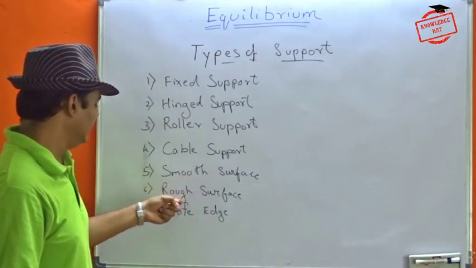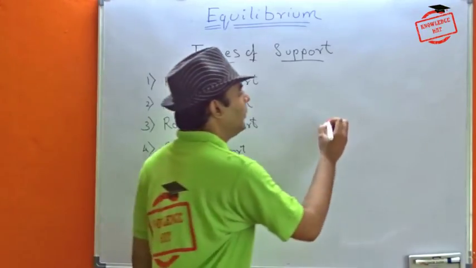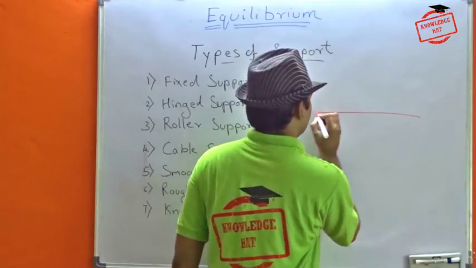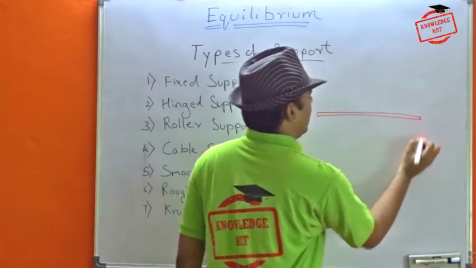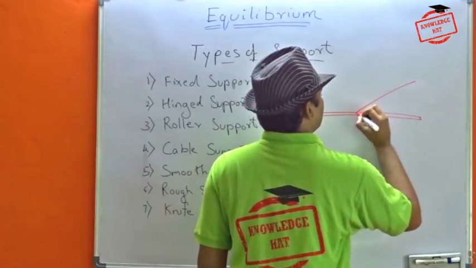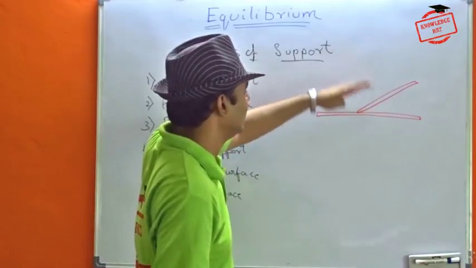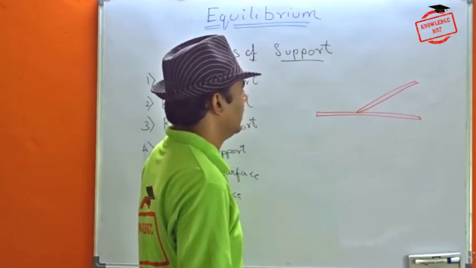Now, I should say, three very interesting cases we have. Suppose we have a smooth surface here, and we have a beam which is connected something like this to the surface. It is not connected; it is lying on the surface.